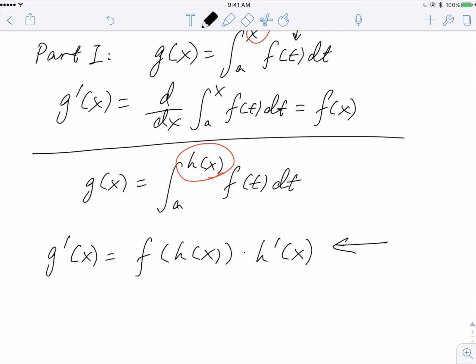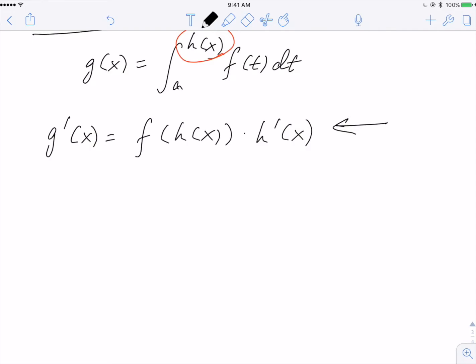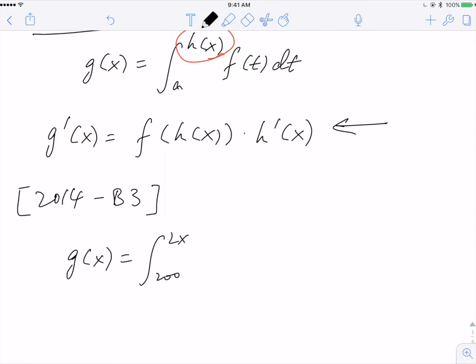So let's take a look at a question from 2014, part B, question 3. What it's saying is that g of x equals the integral from 200 to 2x of (t to the power of 4 minus 14) to the power of 200 dt.